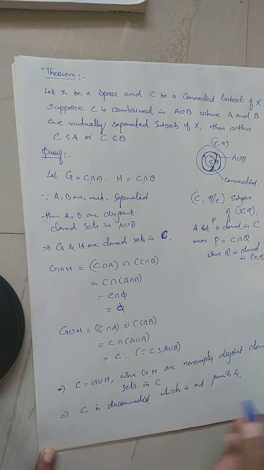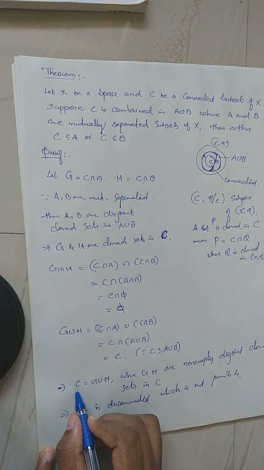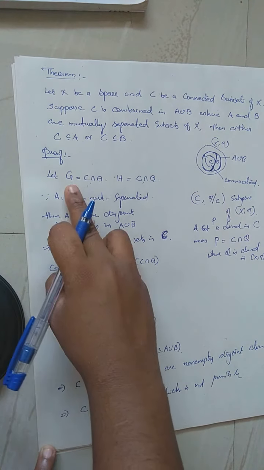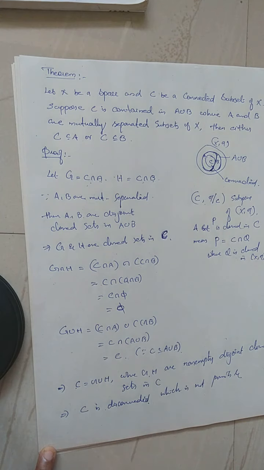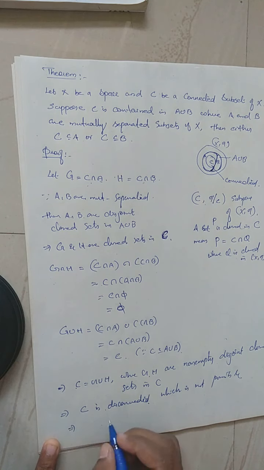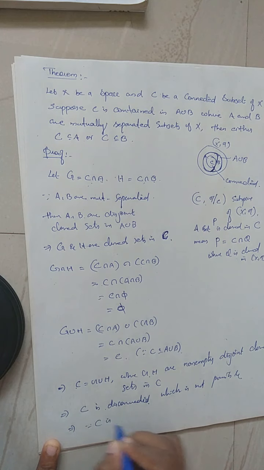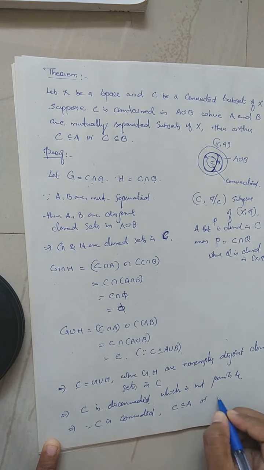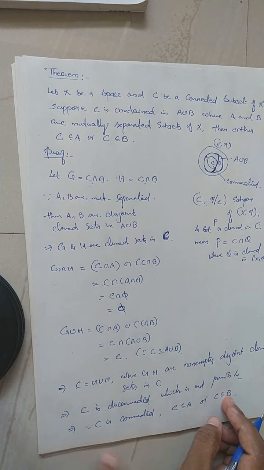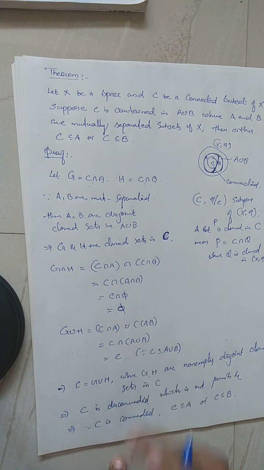That means when C is contained in A union B, we can prove like this. If C is contained in A union B, C must be contained in either A or in B. Since C is connected, C must be contained in A or C must be contained in B.